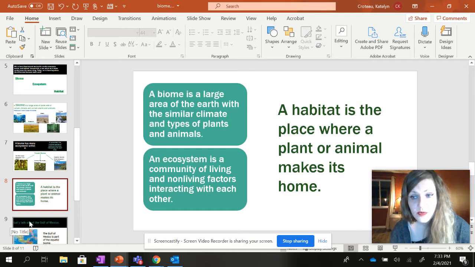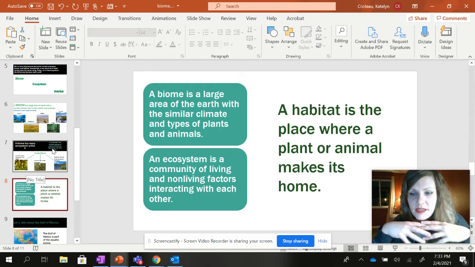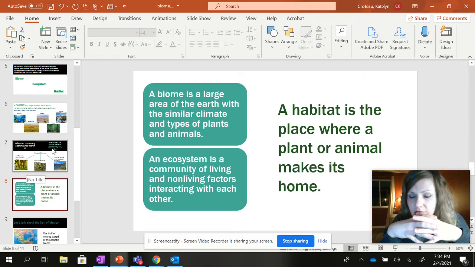So we've talked about ecosystem, we've talked about biome. Habitat is where a plant or animal makes its home. Okay, so it's actually the smallest thing on the list. Biome, big, large areas of land, many, many miles. Ecosystem, a little bit smaller. Habitat, even smaller.